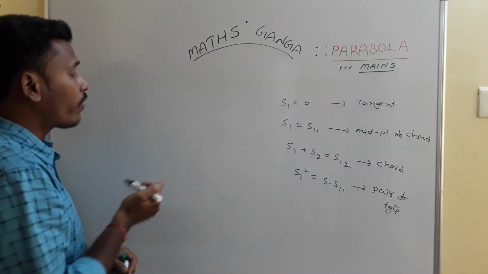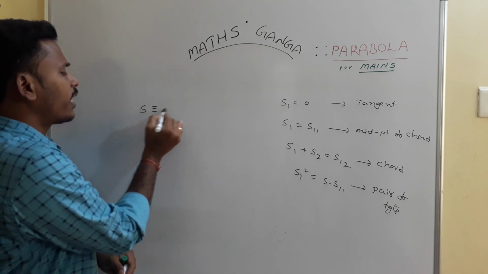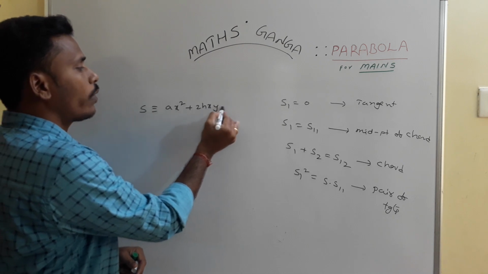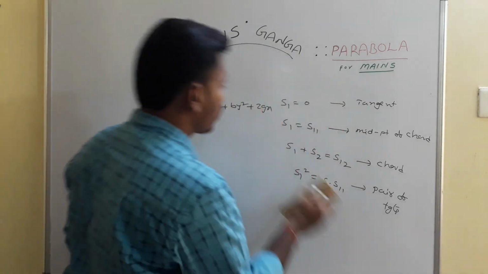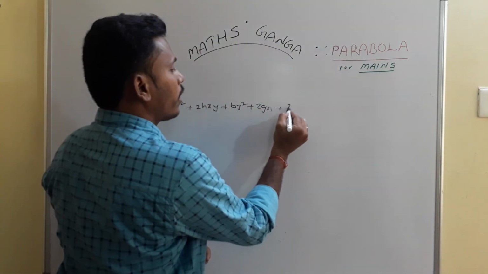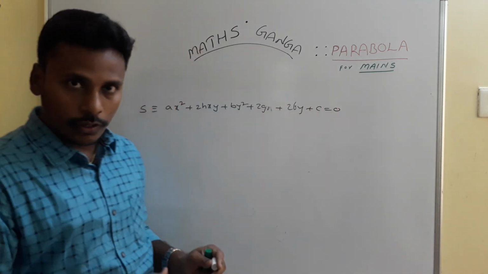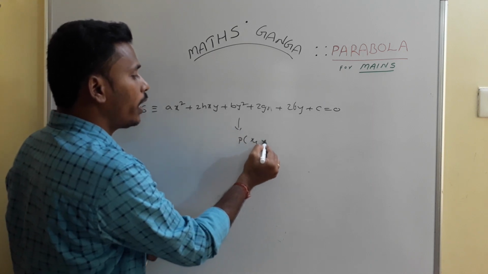For example, if you have a general second degree equation, any parabola can be converted like this: ax squared plus 2hxy plus by squared plus 2gx plus 2fy plus c equals 0. If this is the general parabolic equation, how do you find the equation of the tangent at the point x1, y1?